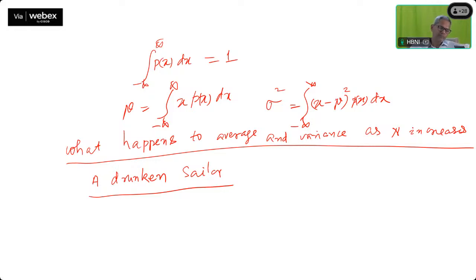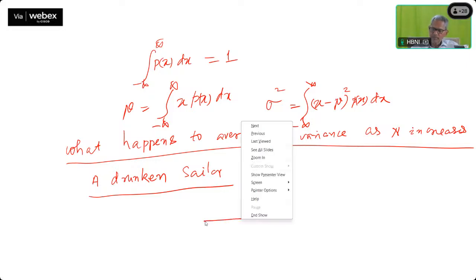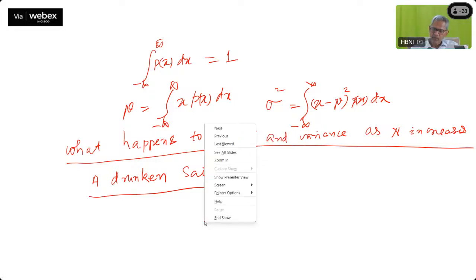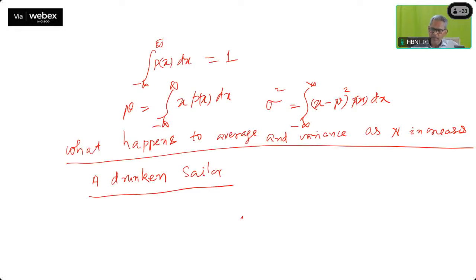Each step he takes is in a completely random direction. Suppose he is here, he can go left, then it will be -1. If he goes right, it will be +1.